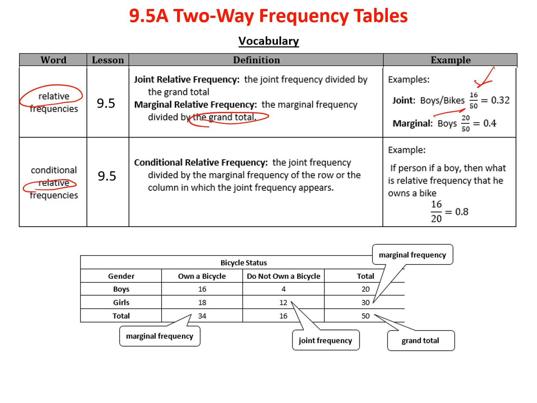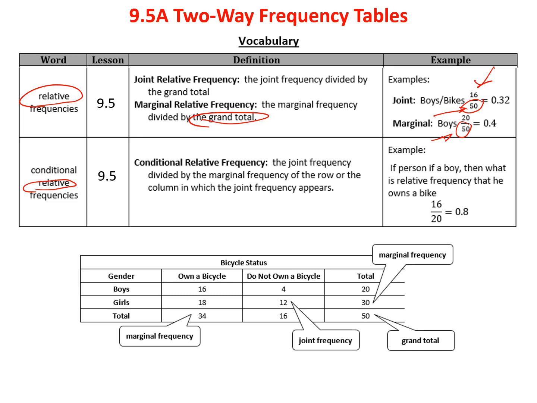But if I divide it by the total number, 50, I get a relative frequency of 32 hundredths. You might think of it as 32%. And likewise, the marginal relative frequency, the same thing. The total number of boys was 20 divided by the grand total. In other words, 40% or 0.4 of the number of boys.